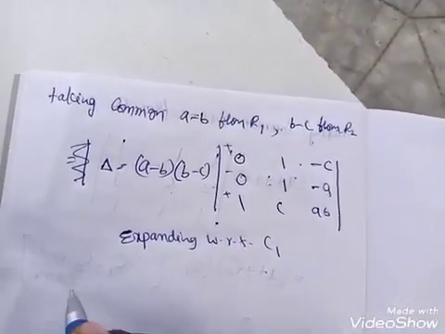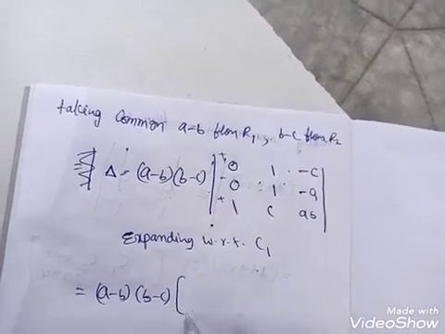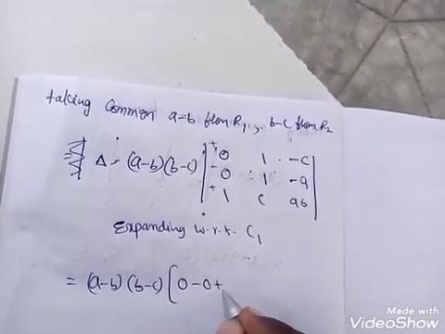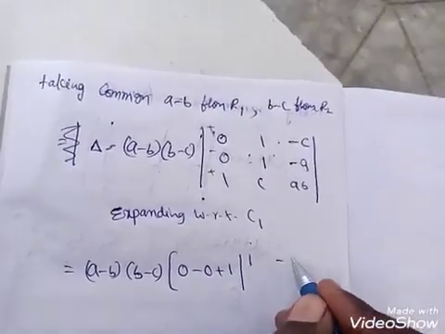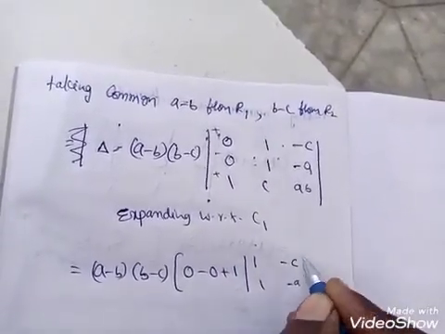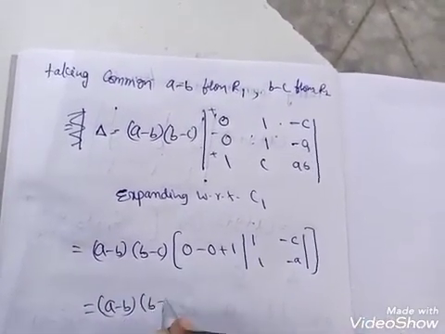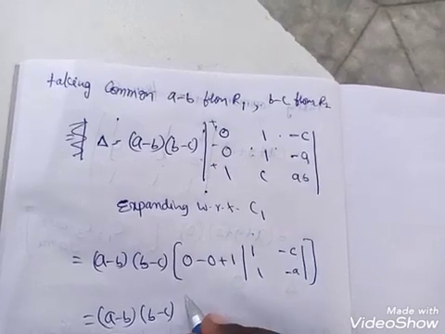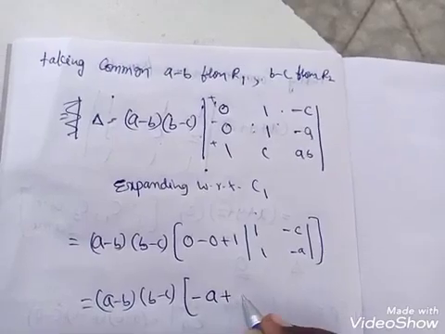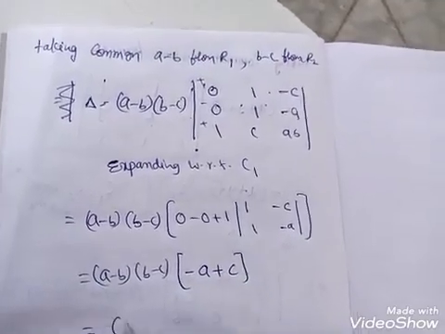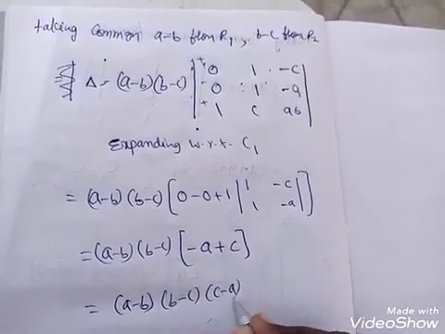Therefore, you are going to get (A minus B) into (B minus C) into 0 minus 0 plus 1 into, what is the determinant by removing the row and column? 1 minus C, 1 minus A. That is nothing but (A minus B) into (B minus C) into, here what you are going to get, observe there, 1 into minus A, minus into minus plus C. That is nothing but (A minus B) into (B minus C) into (C minus A).